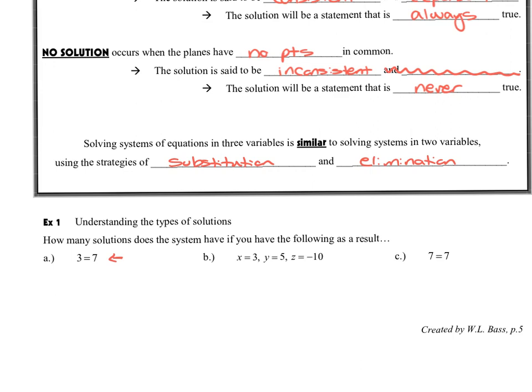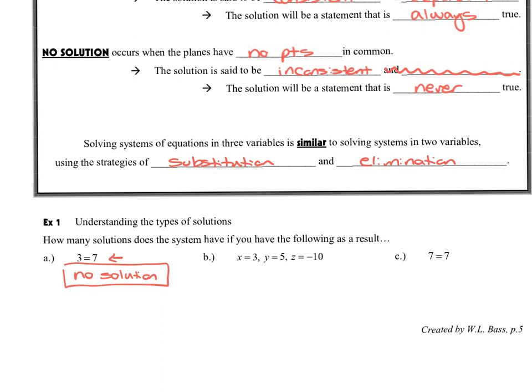That's certainly not possible. There's no way 3 will ever be 7. So this would be a situation where we would say that there's no solution. It's also possible that they would ask you whether the system is consistent or inconsistent, and you would say it's inconsistent.